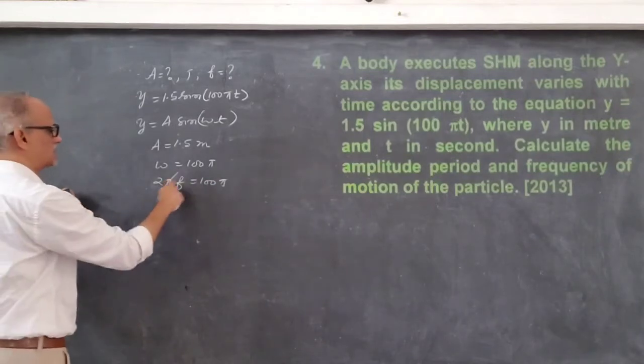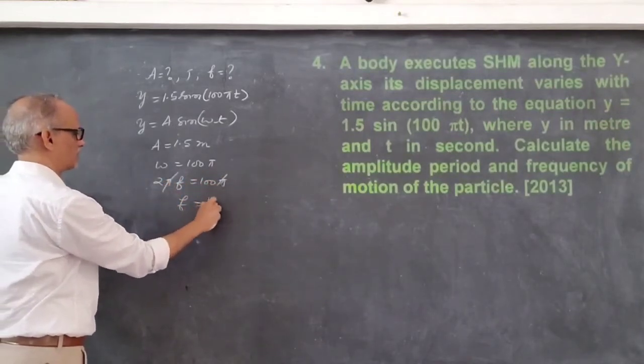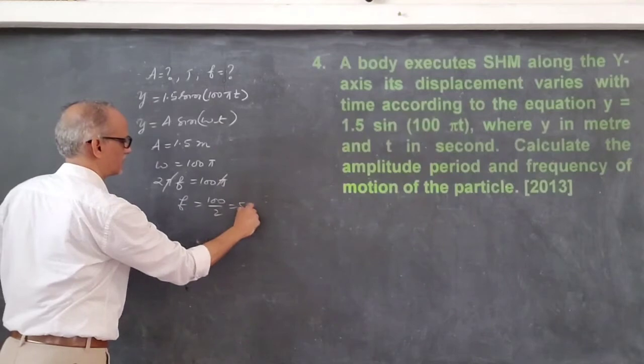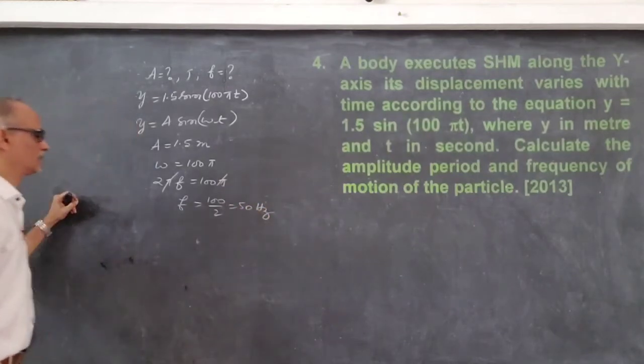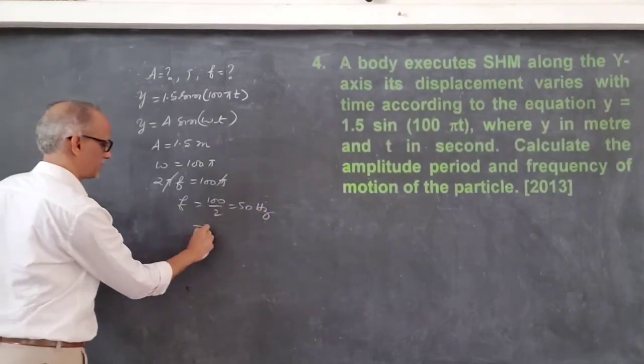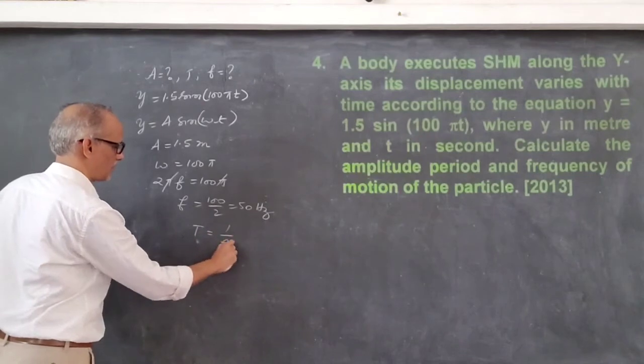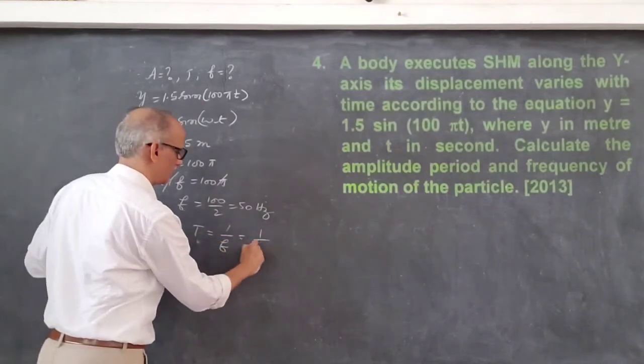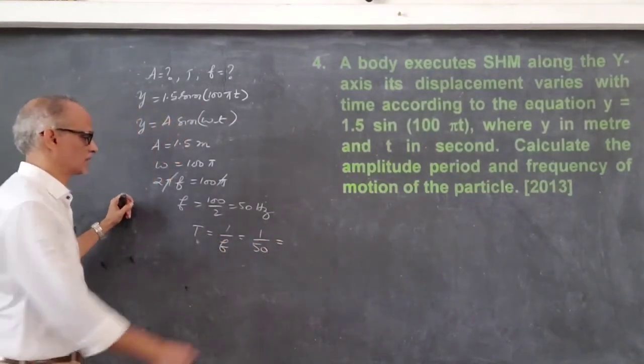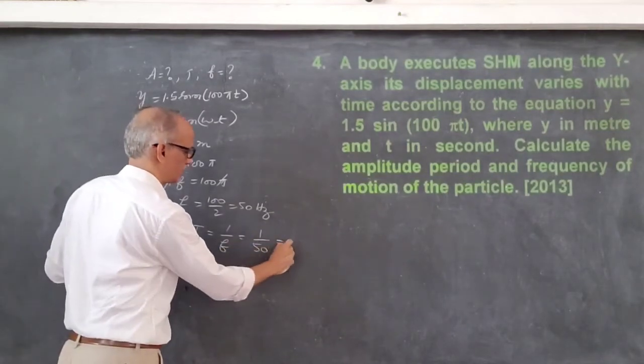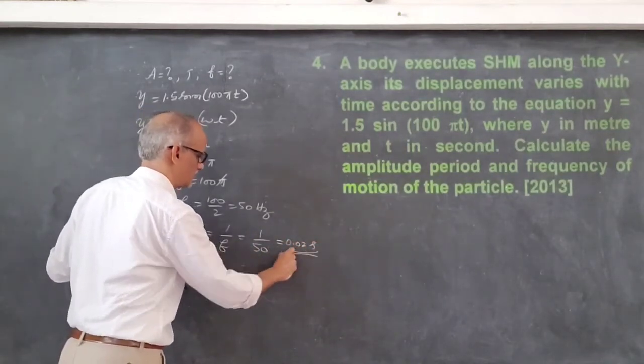So this pi will get cancelled, and we will get f is equal to 100 by 2, which is 50 hertz. And once you get the frequency, you can find the time period, right. So T is equal to 1 by f, which is 1 by 50. So 1 by 5 is 0.2, 0.2 by 10 is 0.02 second.